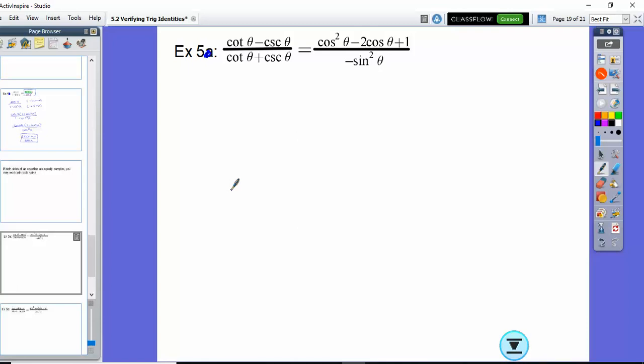Right side. Work with the right side? Okay, so box in the left. Alright. What do you notice about the top? Cofactor. Yeah, we could do box method. Cosine squared breaks into cosine.